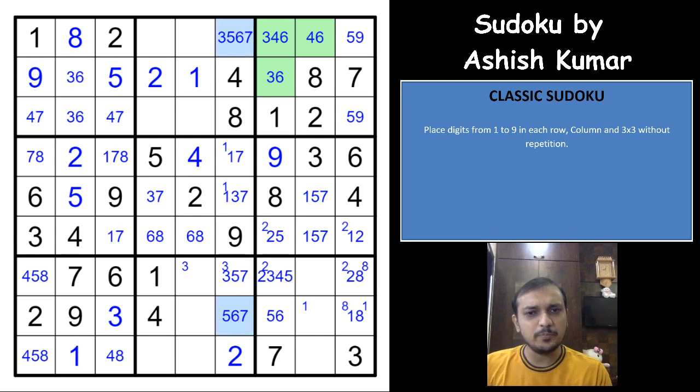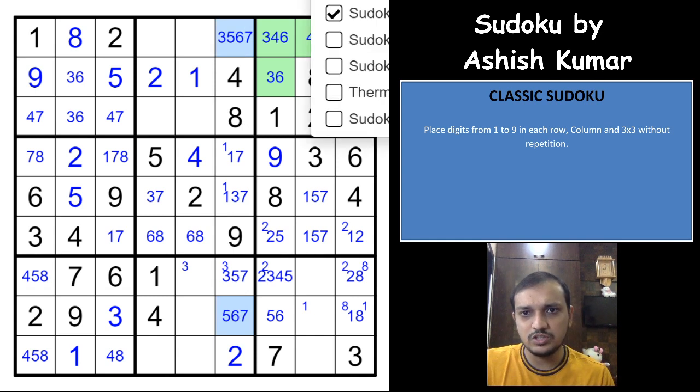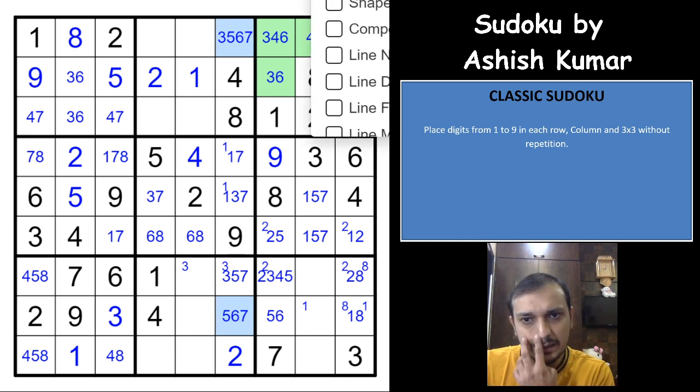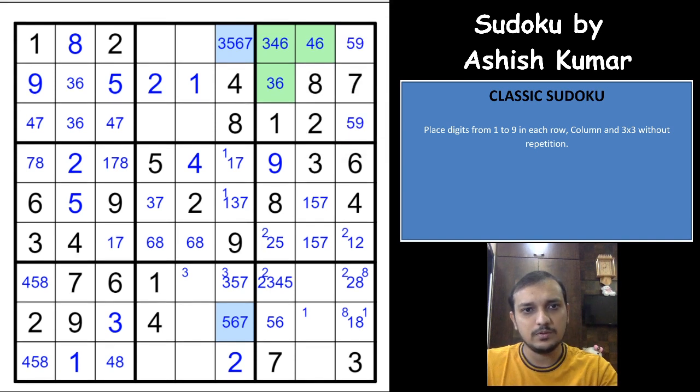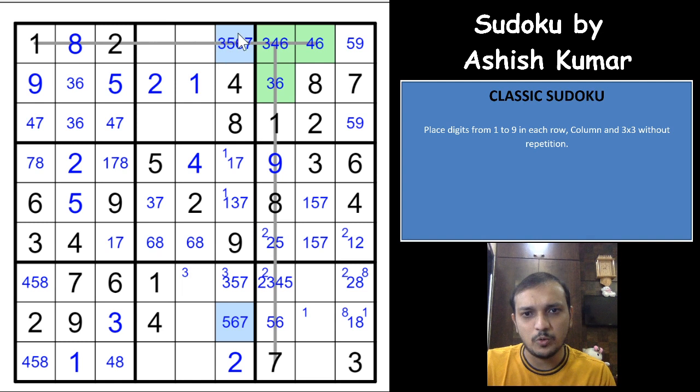There is no other place you can have a 6, right? So let me use the line normal. So if you see here now, you have a possibility of 6 in this column, this row and this column, right? And exactly one of the cells of this column is touching this row, right?